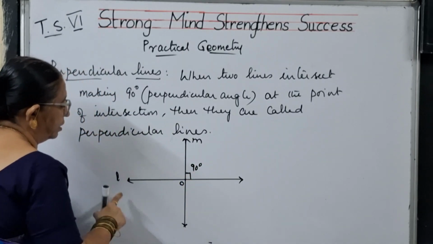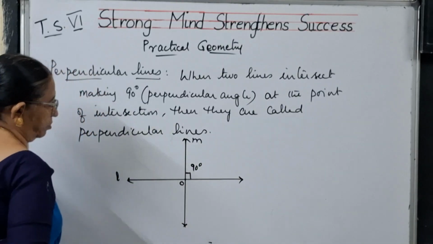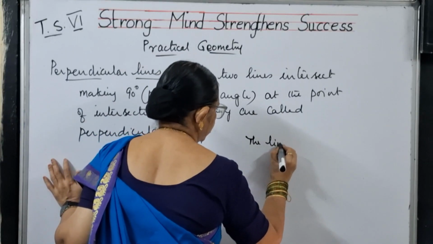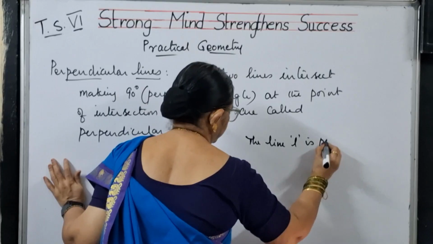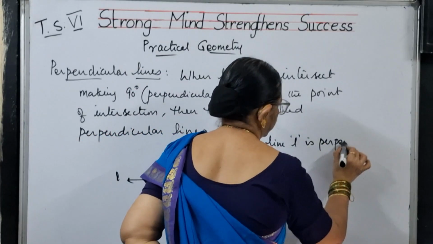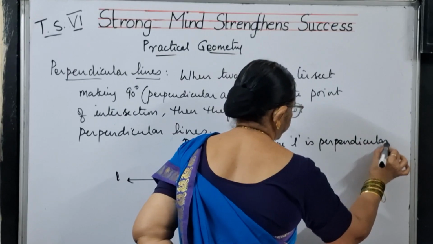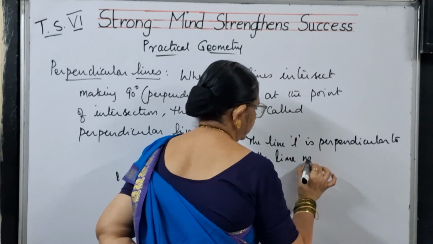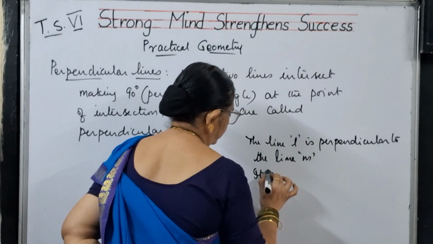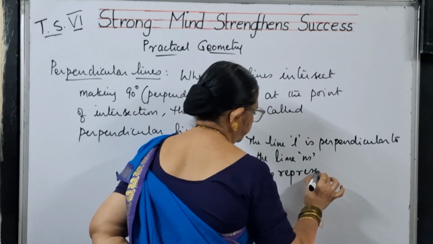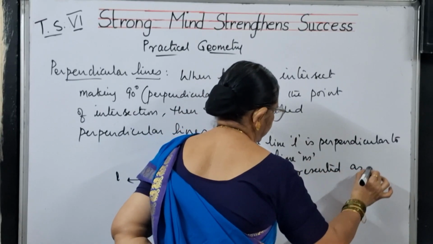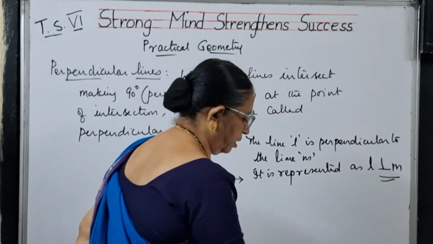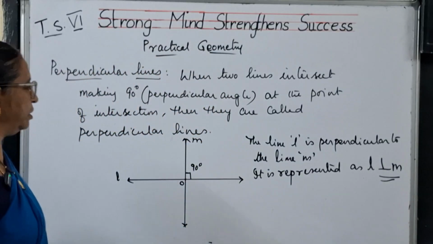Then we will be saying that L is perpendicular to M. So here the line L is perpendicular to the line M and it is represented as L is perpendicular to M. This is the representation of the perpendicularity between the two lines.